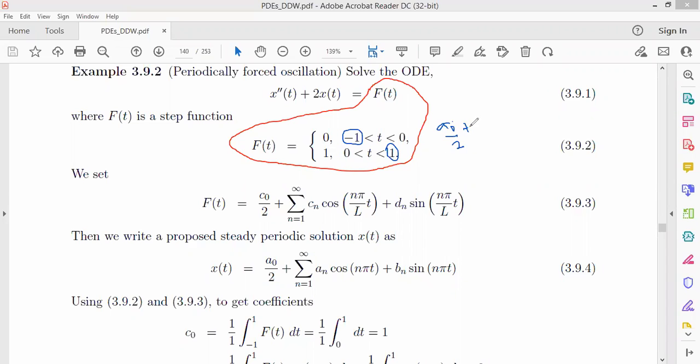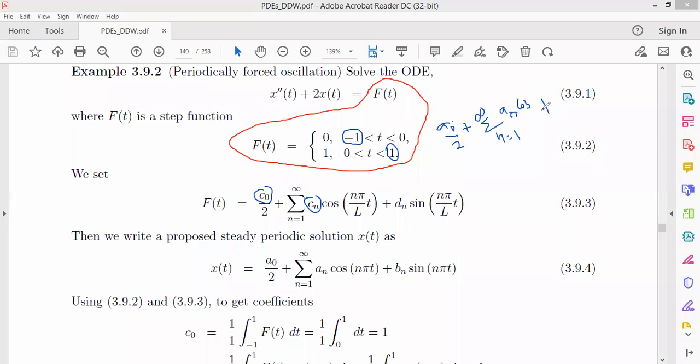Then we say plus you sum from n equals 1 to infinity, of Cn cos. Is that okay? So the An here is what you're writing as the Cn there. The C naught is the a naught.